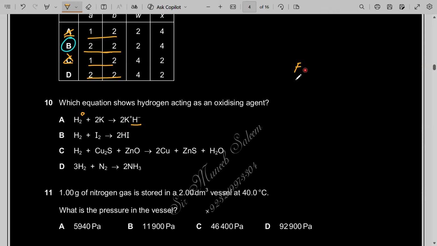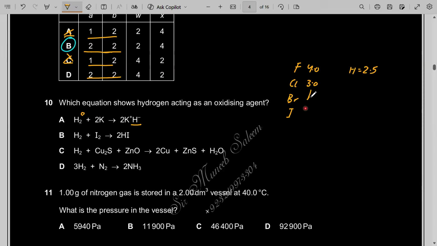You remember that if you go down group 7, the electronegativity values change from 4.0, the highest in the periodic table, for fluorine, then 3.0 for chlorine, and then it further decreases. On the other side, hydrogen has an electronegativity value of 2.5.